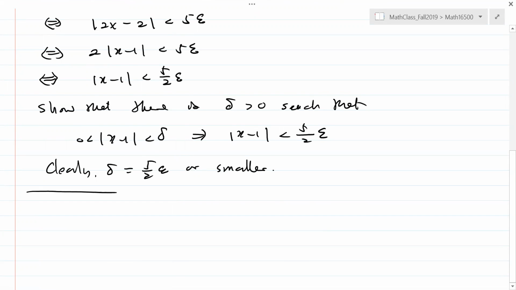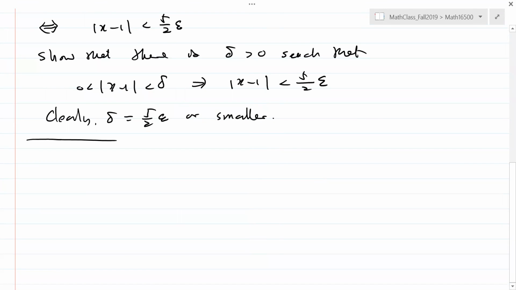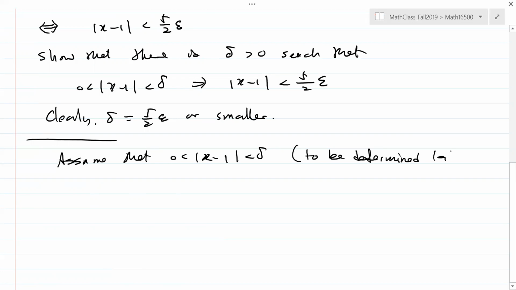Here's another way to do it. In this approach, I don't find the delta right away. I still find the delta at the end, but I'm not going to simplify the final inequality. What I'm going to do is just assume that |x minus 1| is less than delta, greater than 0, where delta is to be determined later.